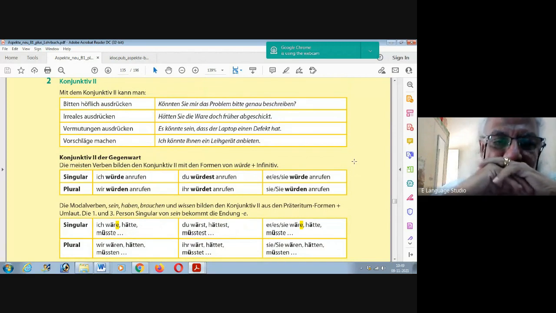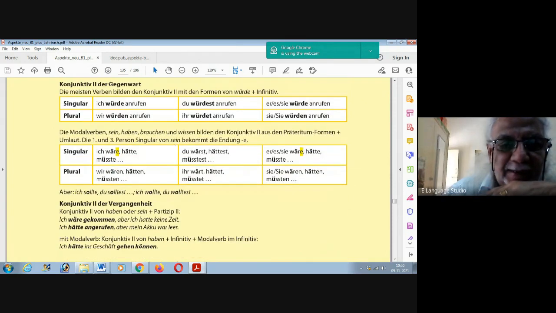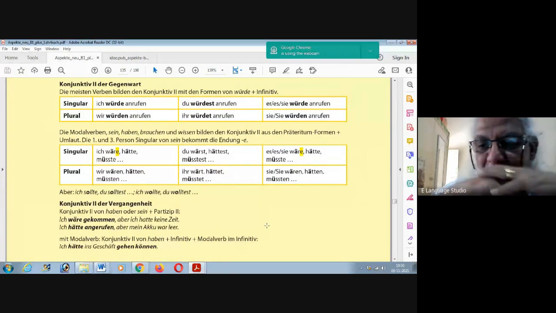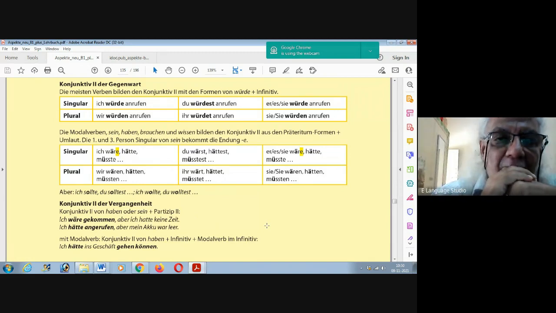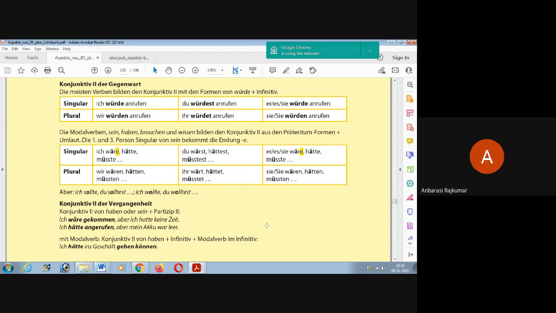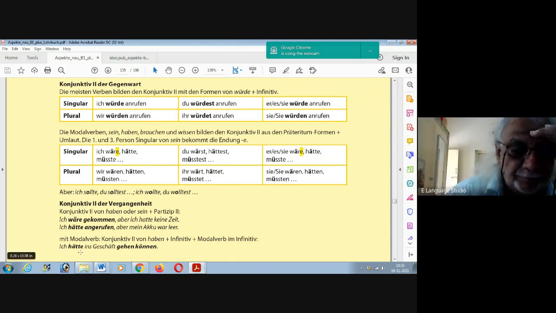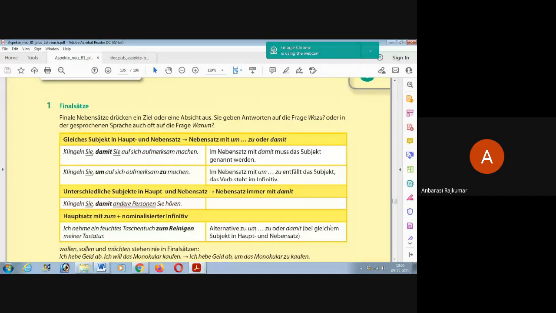What about Konjunktiv 2? Konjunktiv 2 is irreal, and Konjunktiv 2 der Gegenwart and Konjunktiv 2 der Vergangenheit. Is that familiar? Both ways, in the present tense and also in the past tense. No, sir. I learned it, but not in the right way. Then what is ich habe gelesen?